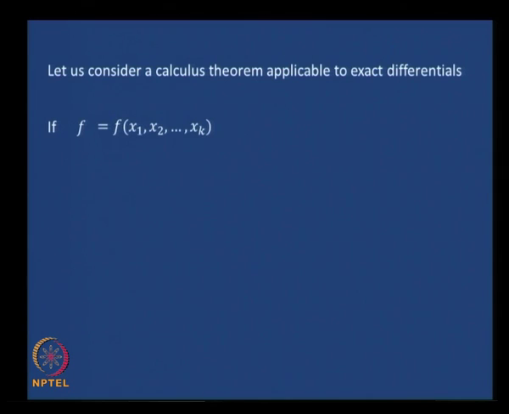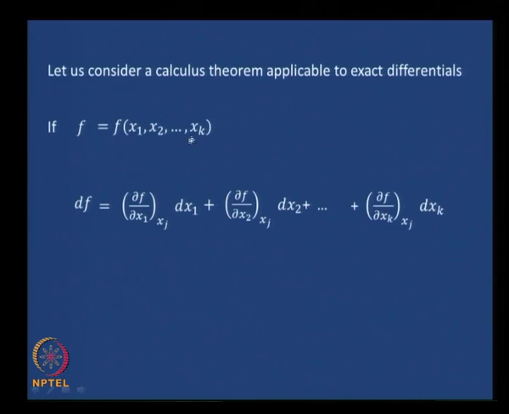can be considered as a function of some variables x1, x2 and so on till xk, then df, f being an exact differential, can be written as dou f by dou x1 evaluated at all these other variables kept constant, which is indicated by xj as I had mentioned earlier, dx1, plus dou f by dou x2 at constant xj, which means x1, x3 and other variables till xk are held constant, that is what this xj means, dx2, and so on until dou f by dou xk, all other xj's remaining constant, dxk.